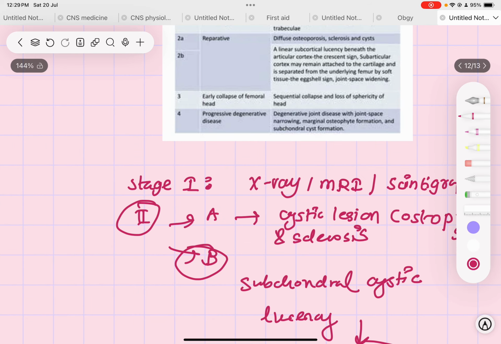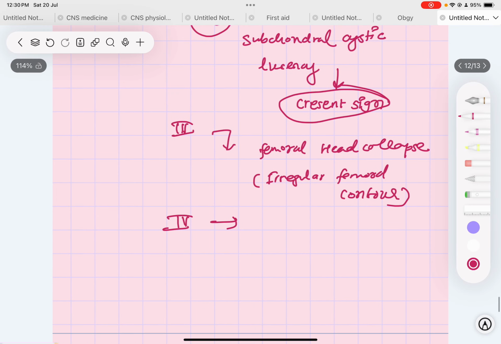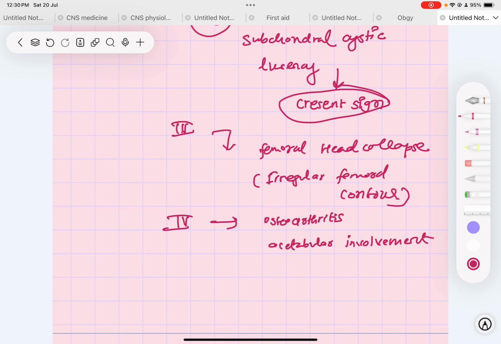So osteoarthritis features will be there, like narrowing of the joint space, osteophyte formation, subchondral cyst formation, degeneration, so degenerative joint disease.